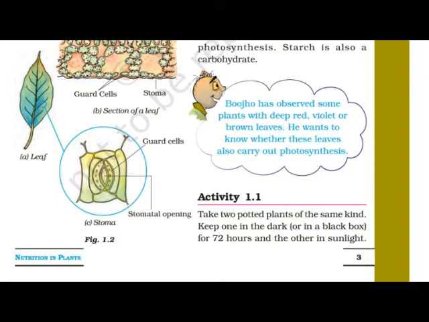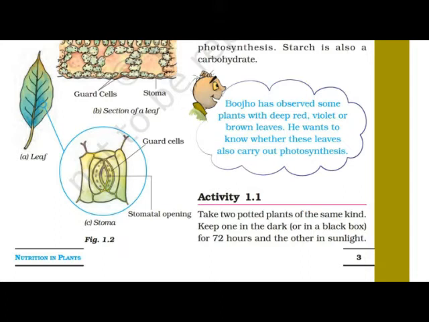Sometimes we see green leaves and differently colored leaves, but you should know that the green color mostly shows the chlorophyll. Sometimes some leaves have different shades, such as red, brown, and other colors. But you should remember that photosynthesis takes place in these leaves also, because the green color is present under the red or other color.